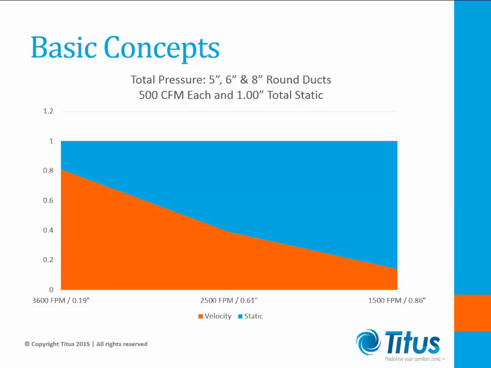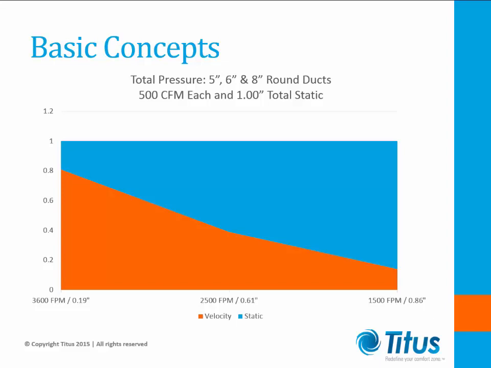So if we look at a 5-inch duct with an airflow of 500 CFM traveling at 3,600 feet per minute, with an associated velocity pressure of 0.81 inches and a static pressure of 0.19. If we transition it to a 6-inch duct, the airflow will now be traveling at 2,500 feet per minute.